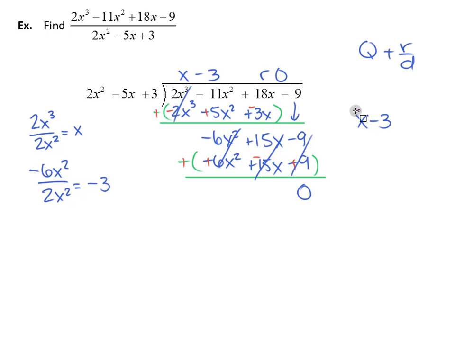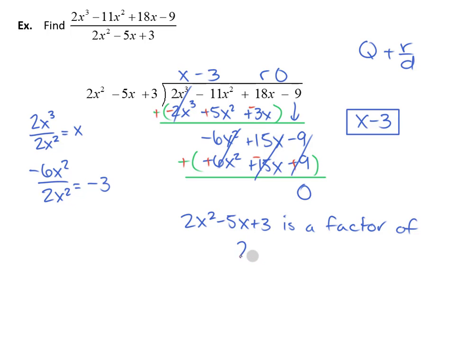So it went in exactly x minus 3 times. And again, what does that tell us if I get a remainder of 0? It tells me that what we just divided it by, 2x squared minus 5x plus 3, is a factor of the large term, the 2x cubed minus 11x squared plus 18x minus 9.